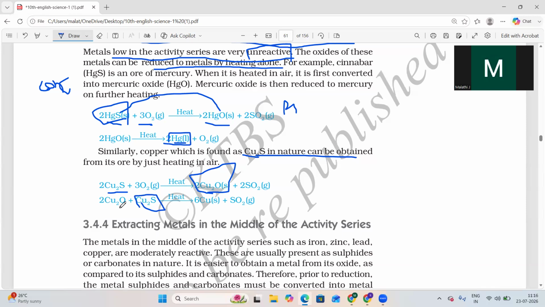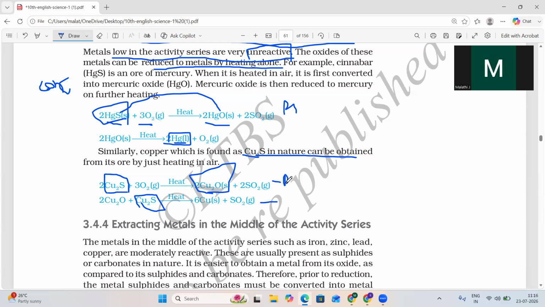We are using only what naturally occurs in the sulfide ores to reduce the oxygen, so that the reaction takes place within itself. We are not adding any external compound or external reducing agents here to remove the oxygen. This is called auto reduction. So this, as usual, we will call roasting.